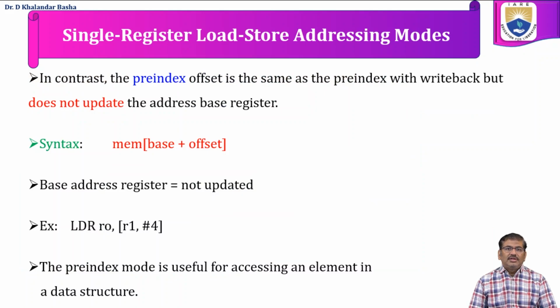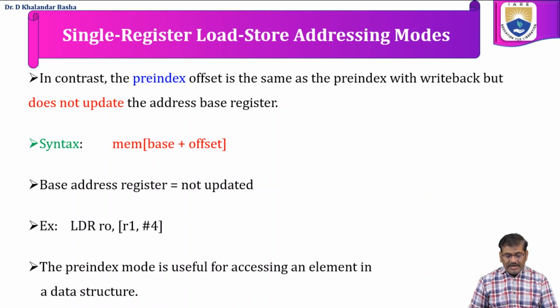In contrast, the pre-index offset is the same as pre-index with write back, but does not update the address base register. So LDR R0, [R1, R4]. So here R1 plus R4, that memory location's data, will be copied into R0 and R1 will not be updated.